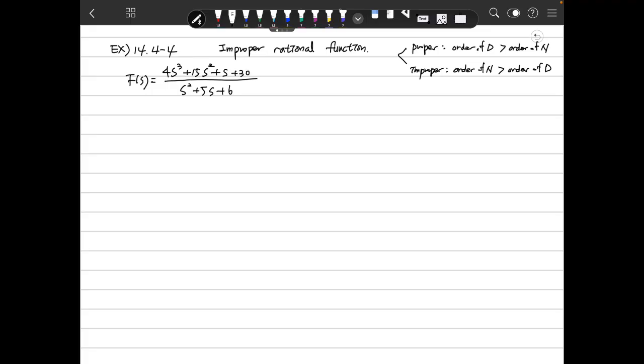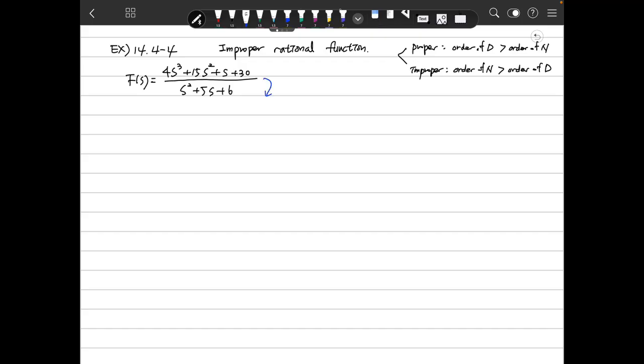The order of the denominator is smaller than the order of the numerator, so we call this an improper function. So we can rewrite it. Then what should we do? The first step is we need to change this improper function to a proper function.